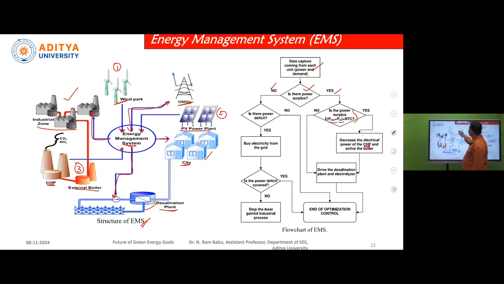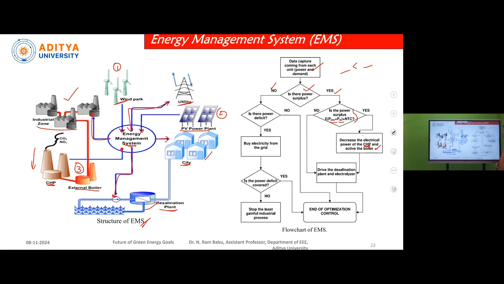Instead of reducing the generation from renewable energy sources, we are trying to reduce the energy from our thermal power plant with the help of the boiler. We are reducing because the thermal power plant will have some minimum and maximum ranges. So for that purpose, we are reducing the amount of energy being generated by the thermal power plant. Okay, we got it here.